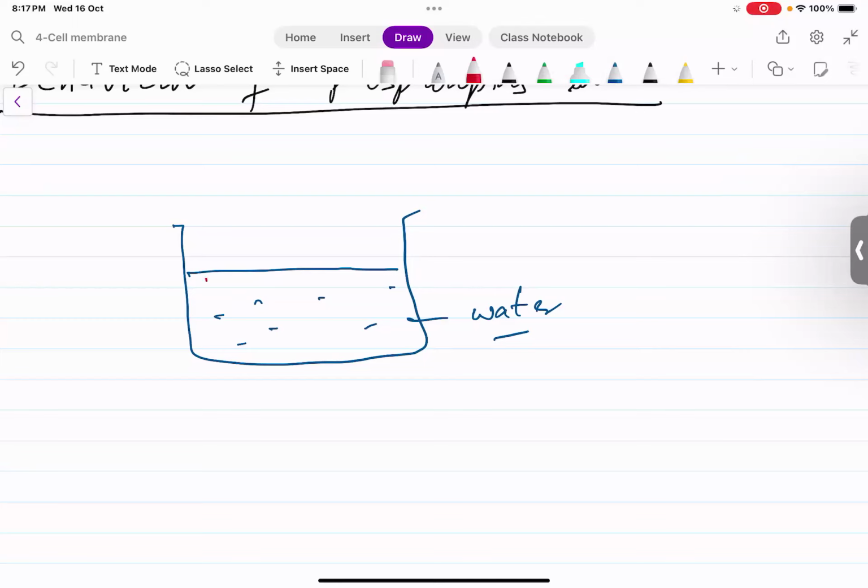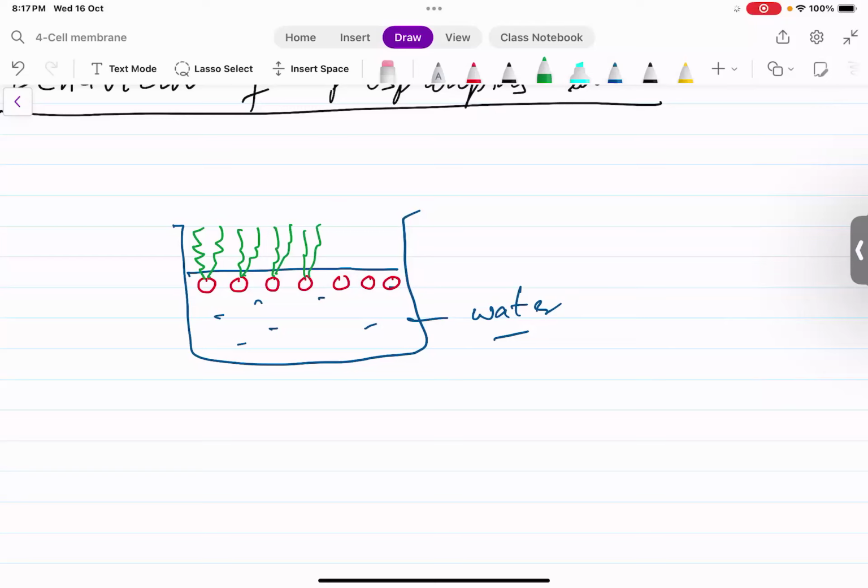Phospholipids would arrange in such a way that their polar heads will be dissolved in the water. They will be directed towards water, and their tails will be projected out of the water.